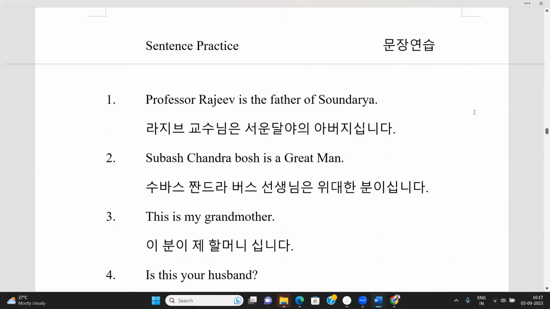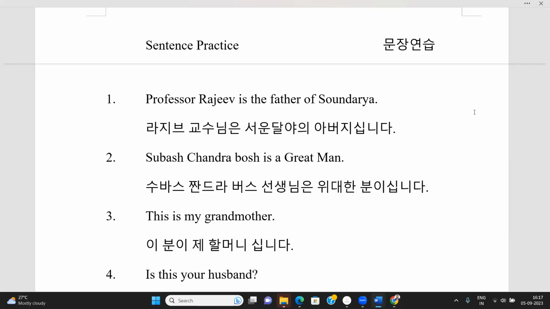Conversation and sentence practice. 문장 연습. Professor Rajiv is the father of Saundarya. 라지브 교수님은 사운데리아의 아버지입니다. Subhash Chandra Bose is a great man. 선생님은 위대한 분이십니다.